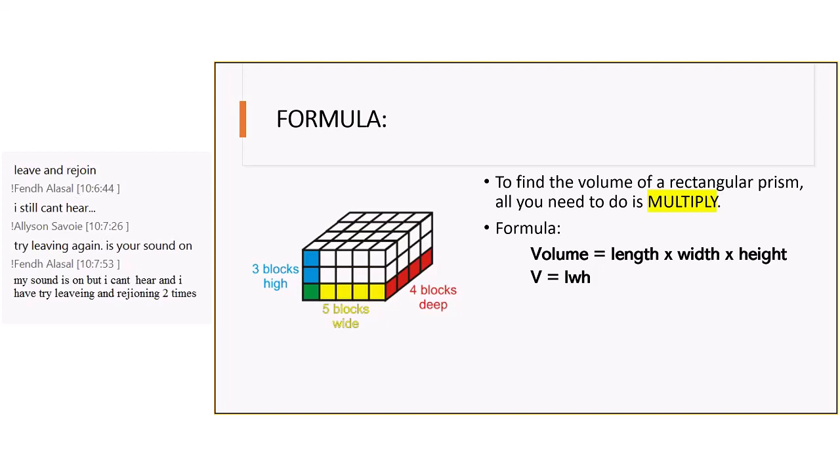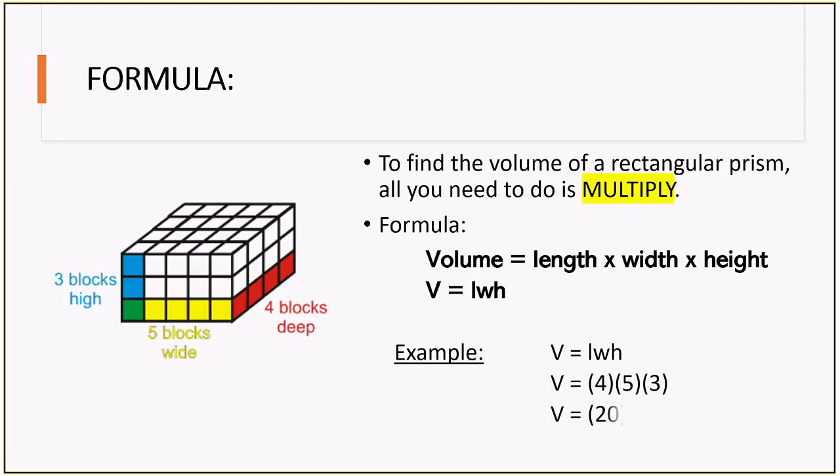So in this example over on the left, we're given the height, 3 blocks, the width, 5 blocks, and the depth, which in this case would be our length, of 4 blocks. To solve this problem, we would plug in 4, 5, and 3, multiplying those 3 numbers together. 4 times 5 is 20, and 20 times 3 is 60.